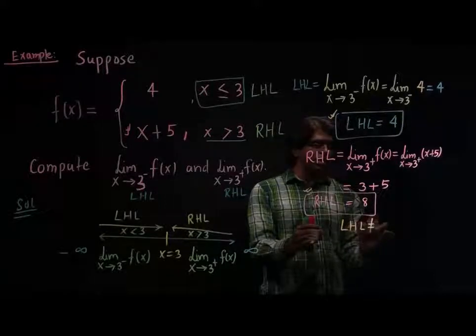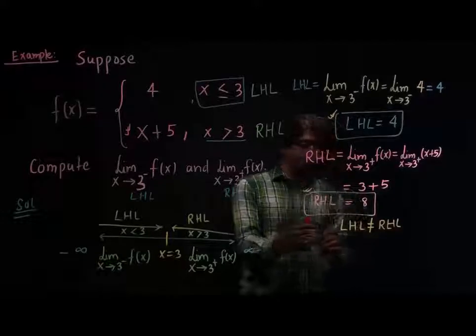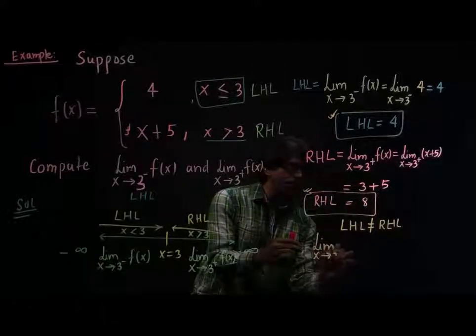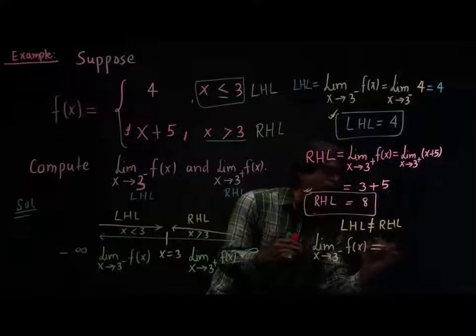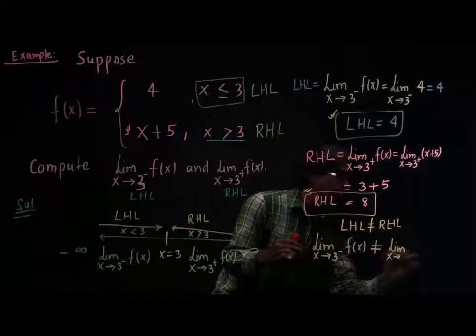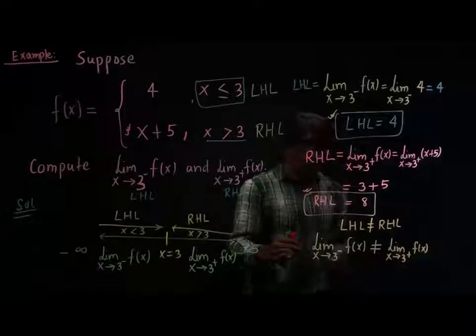So left hand limit is not equal to right hand limit, which means the limit as x tends to 3 minus of f(x) is not equal to the limit as x tends to 3 plus of f(x).